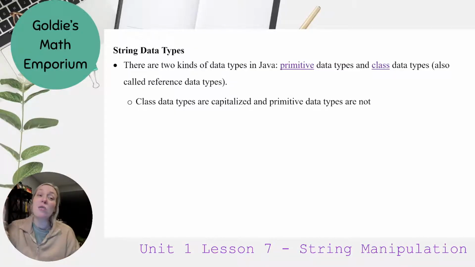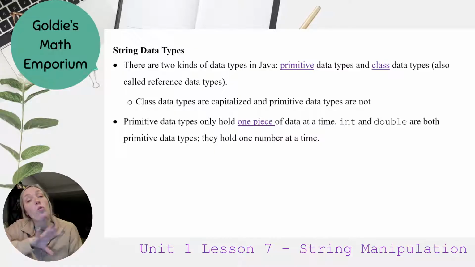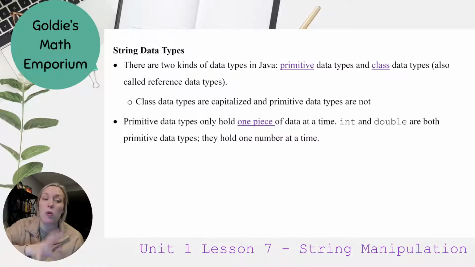We're going to make our own class data types coming up in Unit 3. We've actually already kind of made them a little bit, but we're going to go a little bit deeper with it in Unit 3. We're going to talk about string, which is a data type that is already made for us. Primitives hold one piece of data at a time, like int and double, both primitive data types.